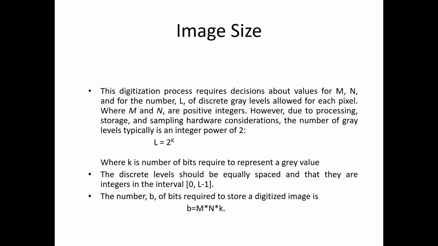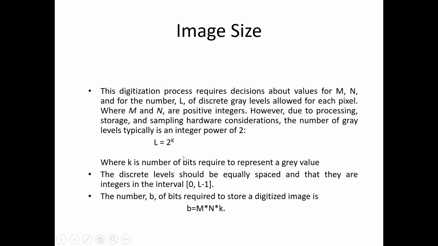If you want to store any image, first of all you have to find out how many bits are required to represent a pixel value, and that gives us the answer for L. Let's suppose we are taking an 8 bit pixel value.